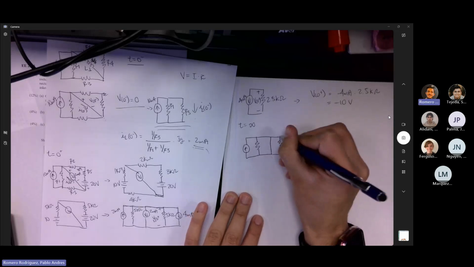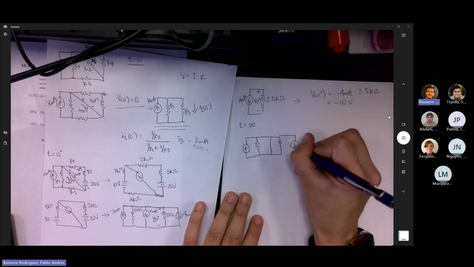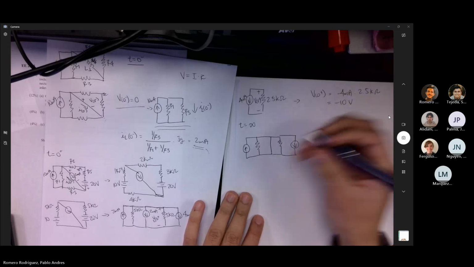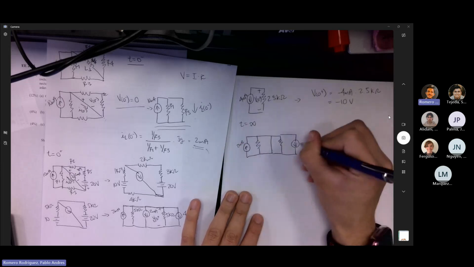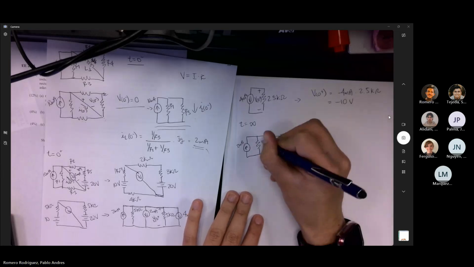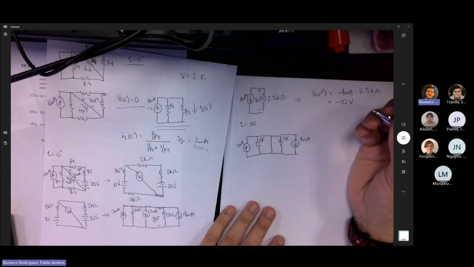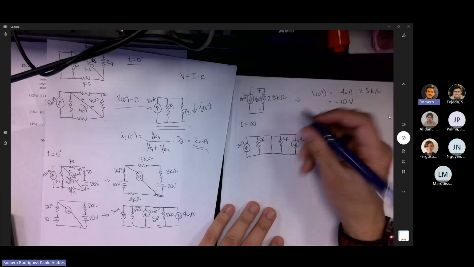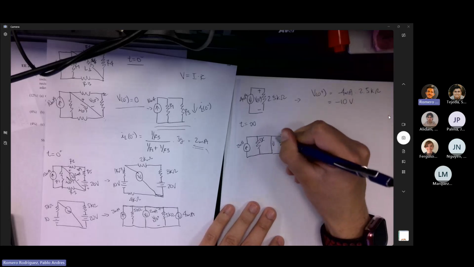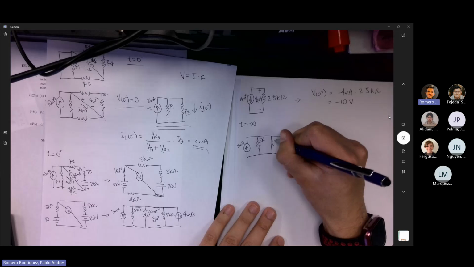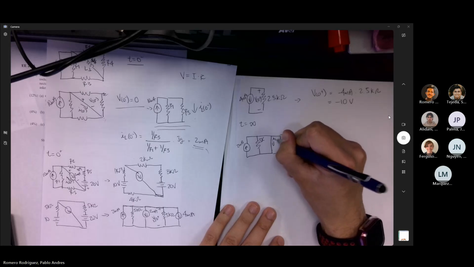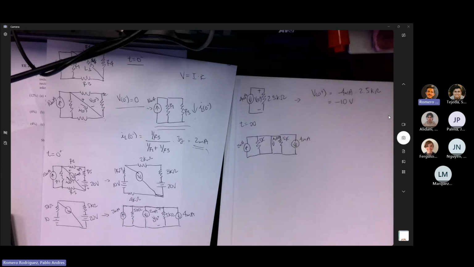That, and this going down. 2 milliamps, 4 milliamps, 5K, 5K, and then this just a short. So I need to find this current, right? Because we already know the voltage is going to be 0. IL infinity.